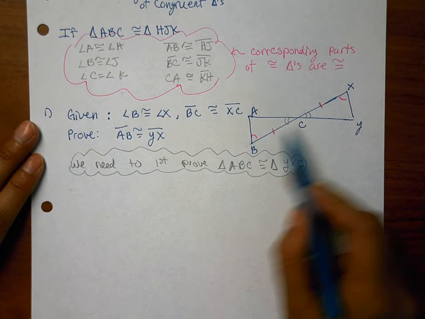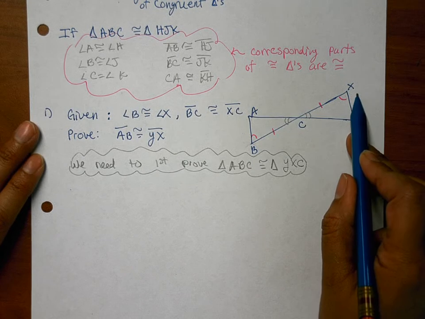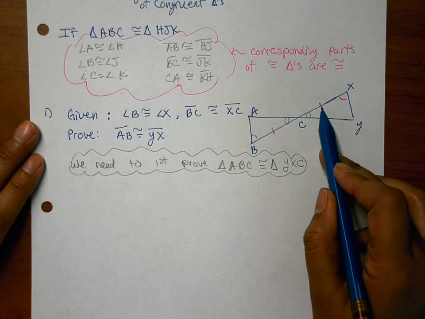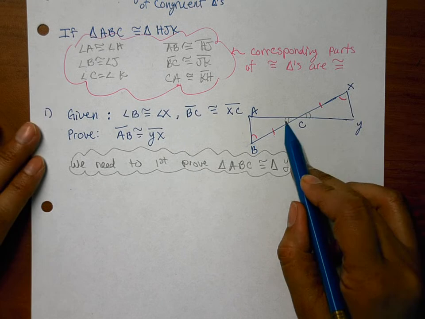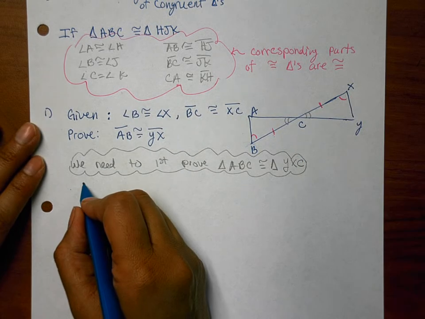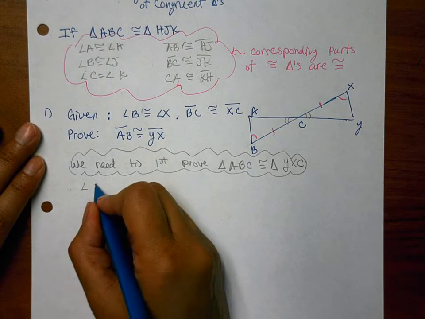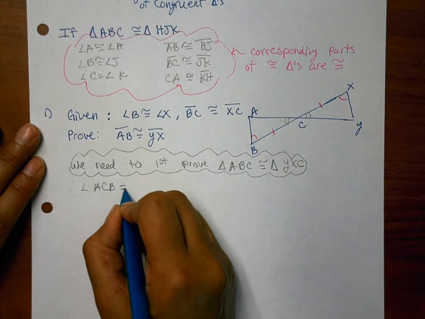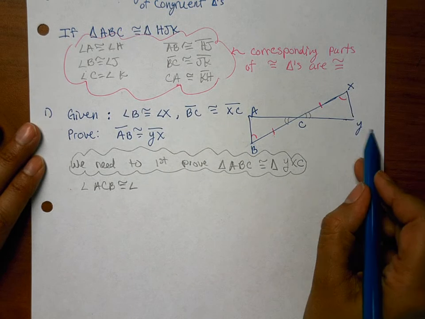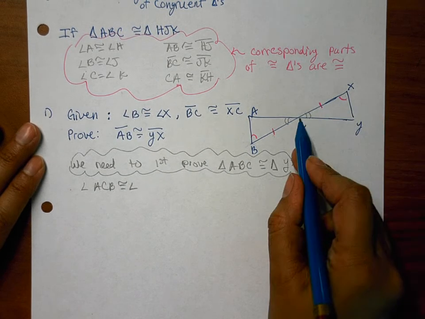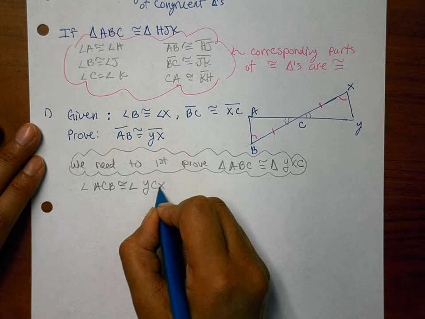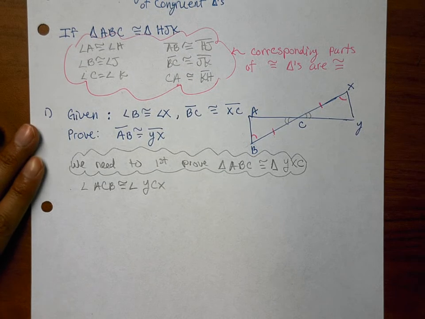So for this first one, we're going to just talk it through. We're not going to do a two-column proof. So what would we do? What can be said? That's already given. Those two angles are congruent. Those two sides are congruent is already given. The pencil marking's not, so that's what we would need to say. We would say angle ACB is congruent to angle YCX or XCY.